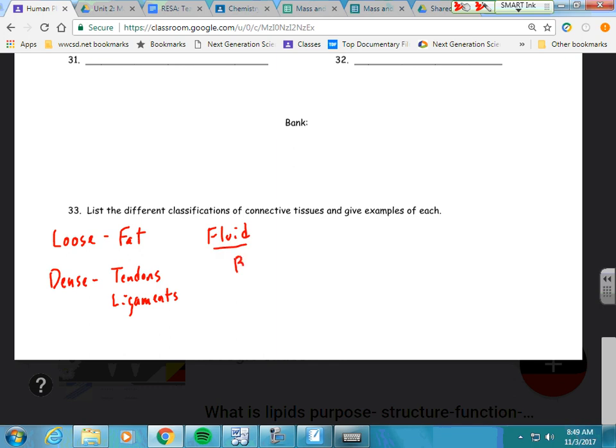If you think of the fluids in our body, like blood and lymph. And we can have supporting. So supporting is going to be strong. With supporting connective tissue, bones are strong, give us support. And along with bones, a close relative, cartilage.